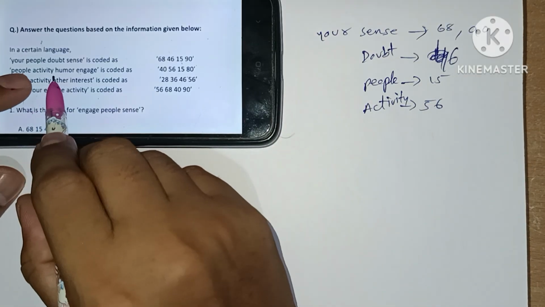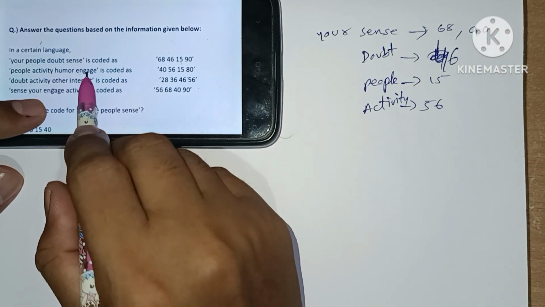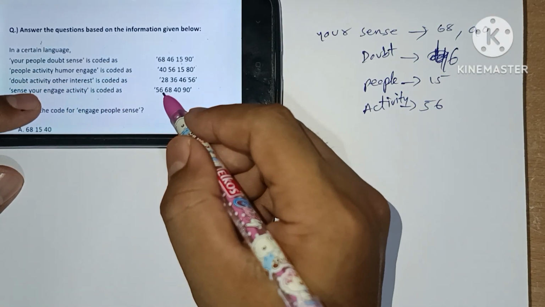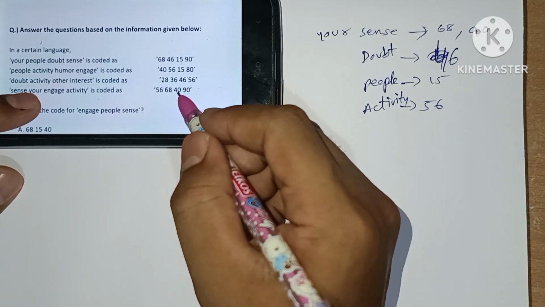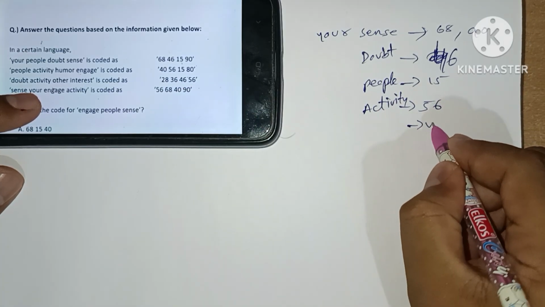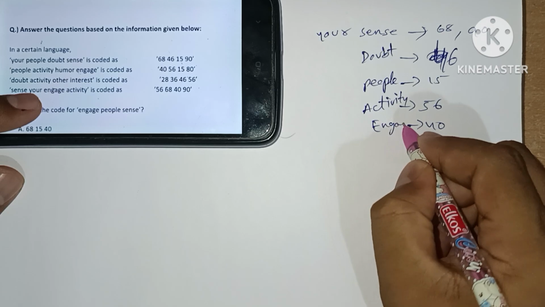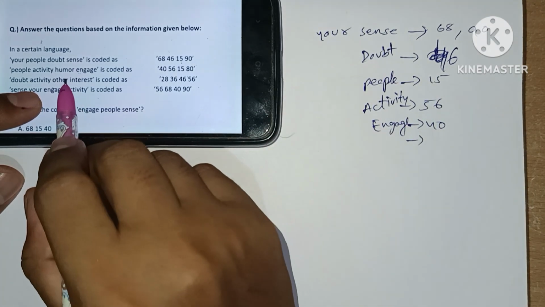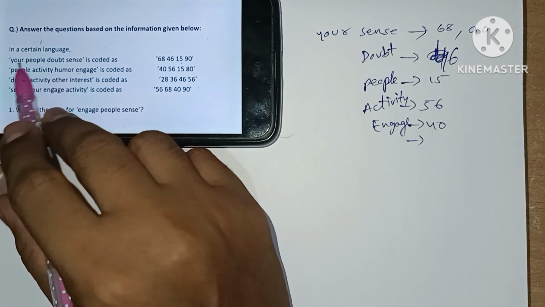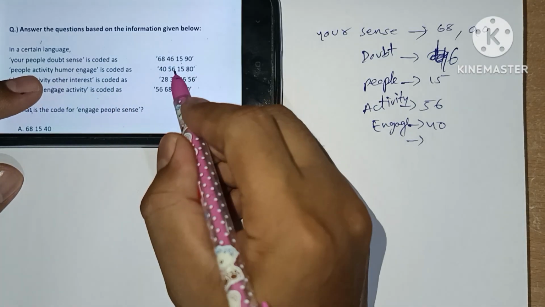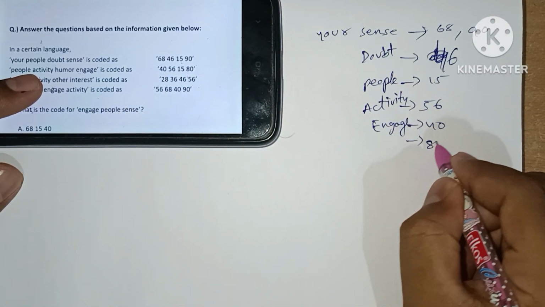Next one, "engage" here and here. The common code for these two is 40, so 40 is "engage". Next, we are left with "Homer". There is no other "Homer", and we are left only with 80, so 80 is "Homer".